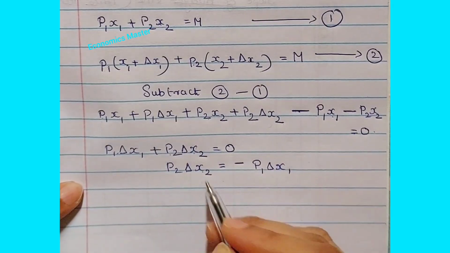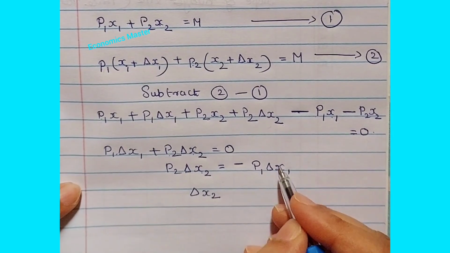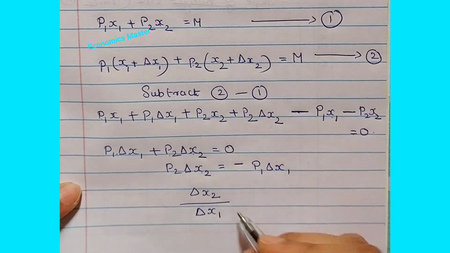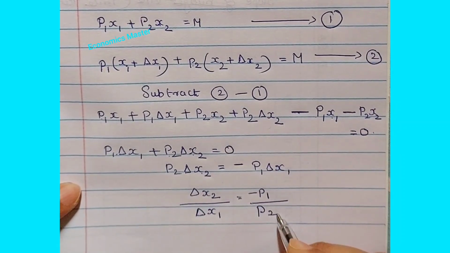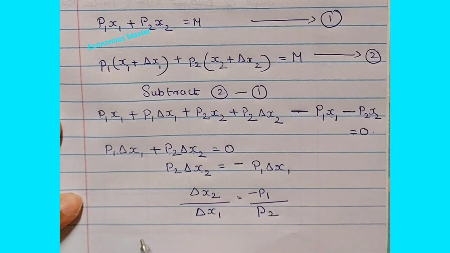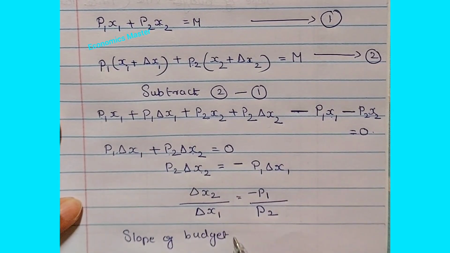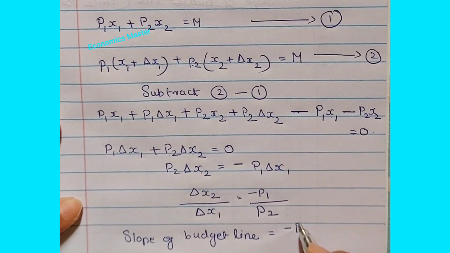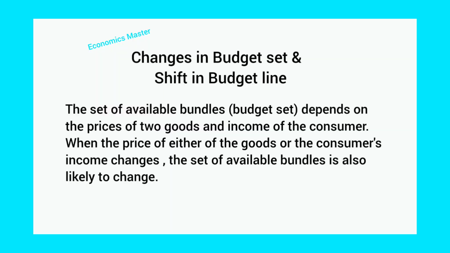Bring the first term to the opposite side, the sign will change. Then delta x2 divided by delta x1 is equal to minus P1 by P2. So the slope of the budget line is equal to minus P1 by P2, the price ratio.